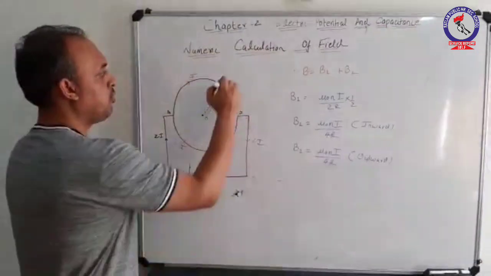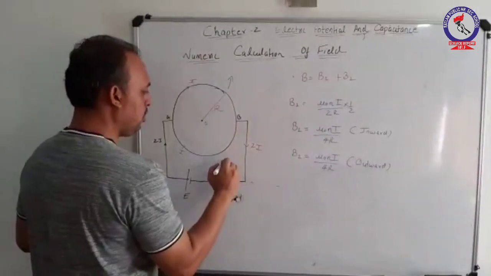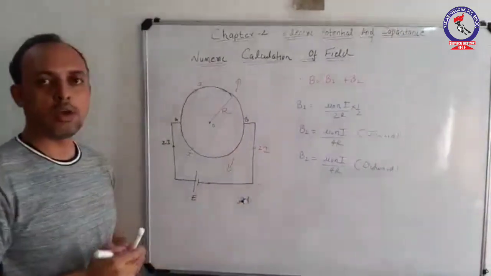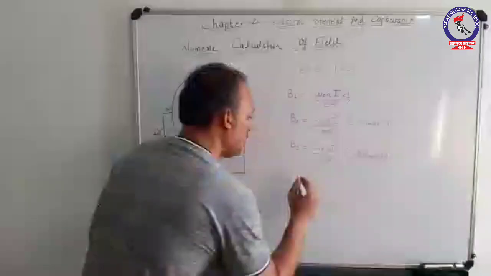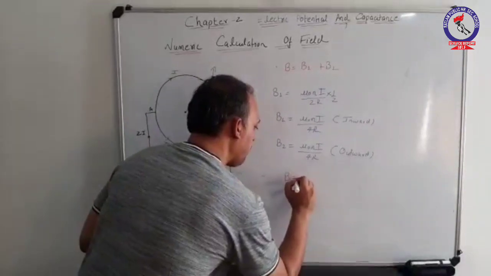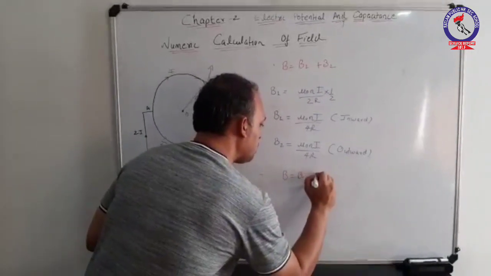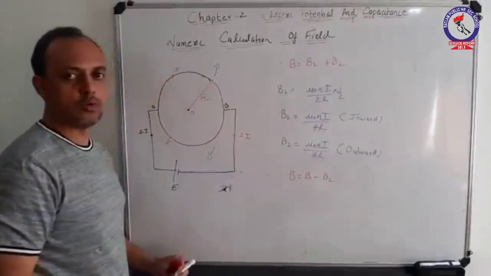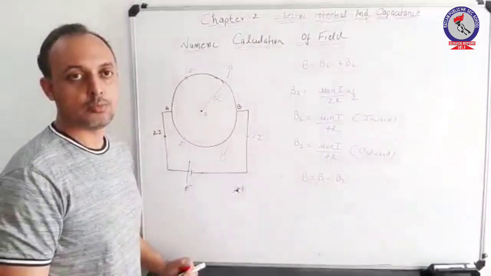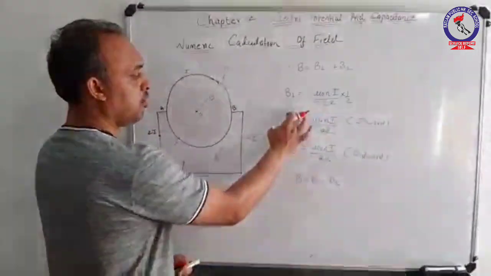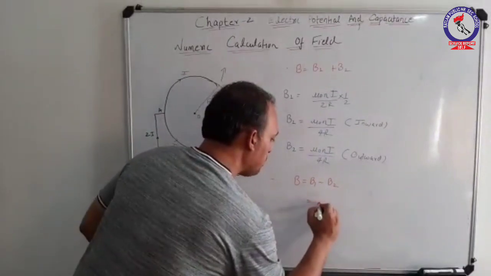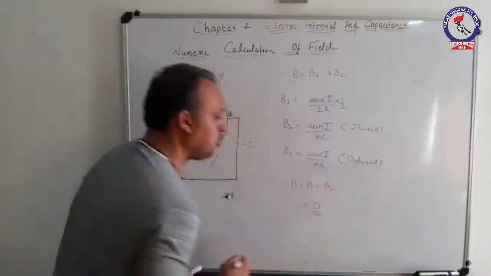Hence, one field is acting inwards while the other is acting outwards, due to which the net field can be written as B1 minus B2, since the directions of the fields are opposite. Since the magnitudes of the two fields are equal, the net field comes out to be 0.